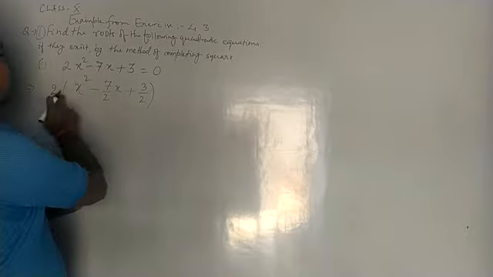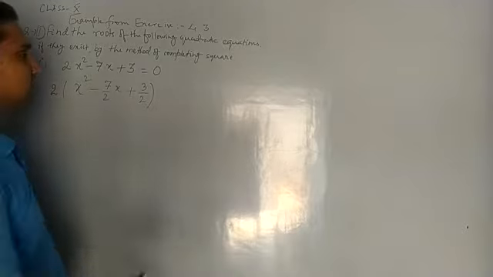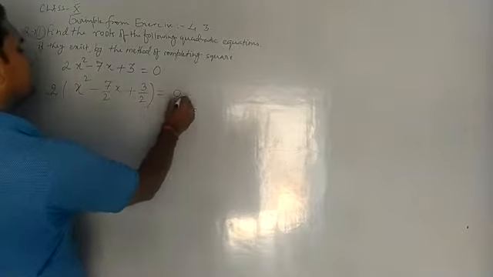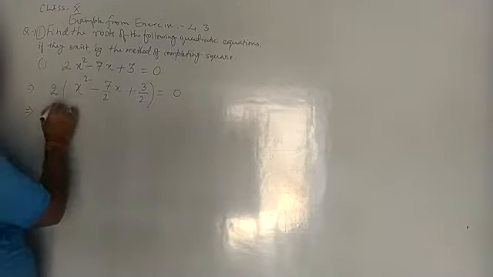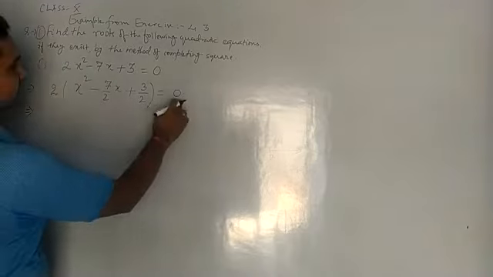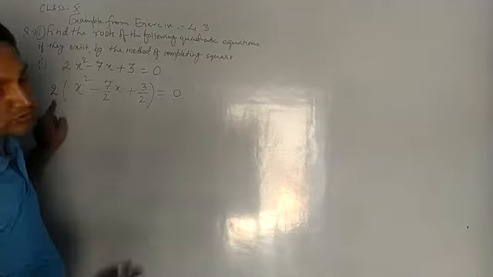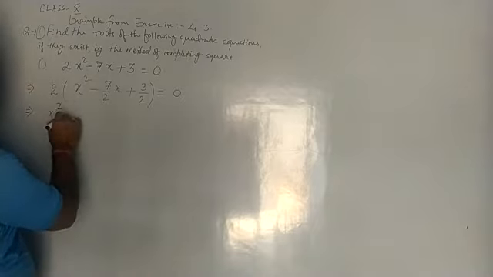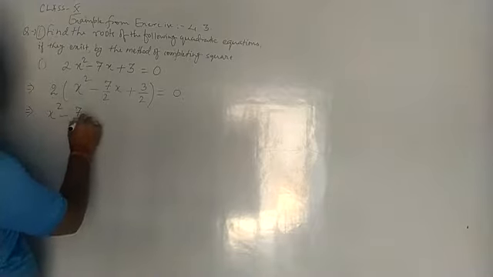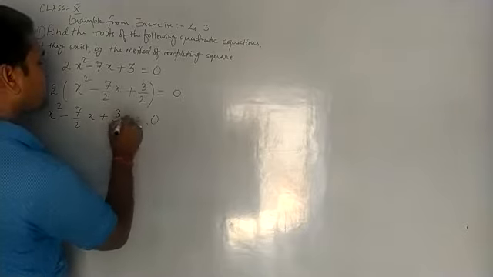Similarly, 2 into 3 divided by 2 gives you 3 actually. So in that way we do. The first step is done, that discussion we made in the previous video. So now 2 will divide this side. If you transpose 2 to the RHS, what does it give us? x square minus 7 by 2x plus 3 by 2 is equal to 0.